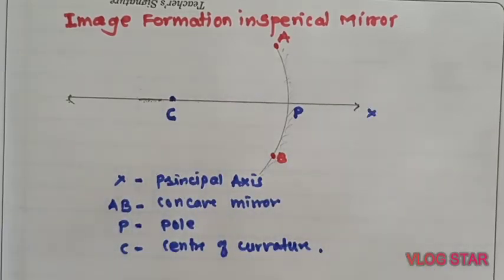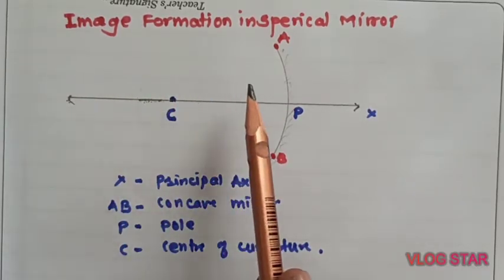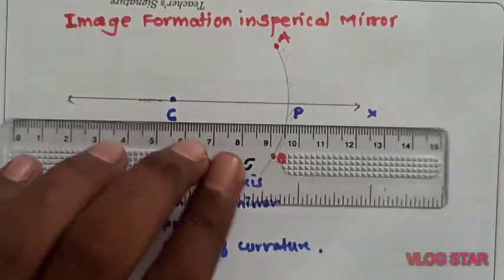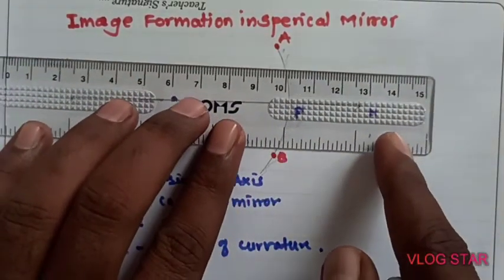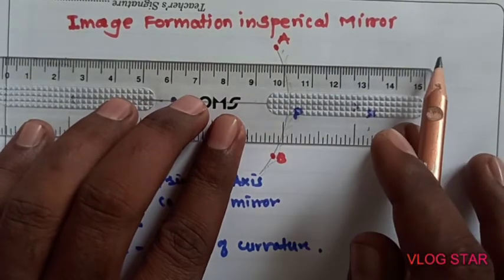After knowing all these terms, we'll discuss what happens if light falls on this curve. Suppose we have taken one incident ray which is parallel to the principal axis over here. This is the incident ray.